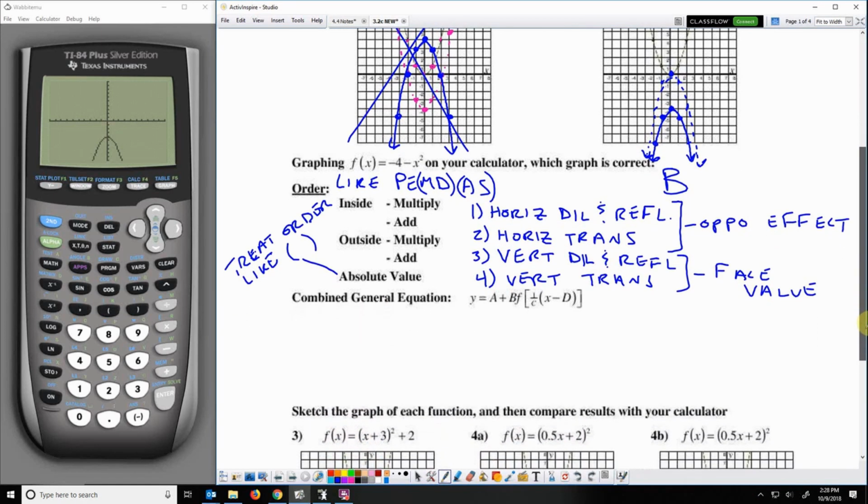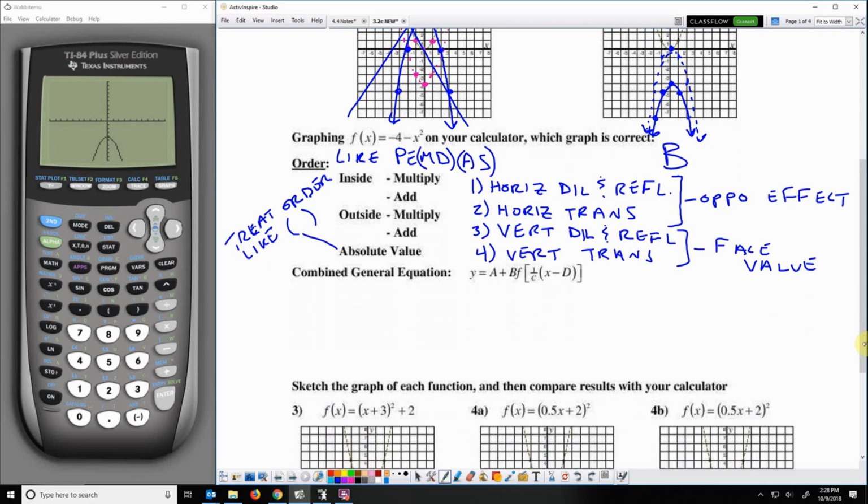So a combined equation that shows the 4 basic transformations that happen most often. Okay, the first thing that you're looking for is a horizontal dilation. And that is right there, okay, by a reciprocal. The next thing you're looking for, staying inside of the function, is a horizontal translation.